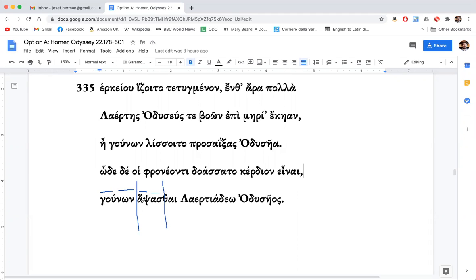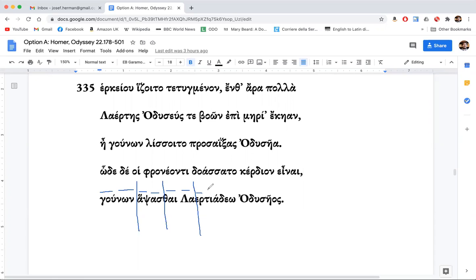This one has to be long because the psi counts as a double consonant. This one also has to be long because the A is followed by a double consonant. And this one is also long because it's a diphthong. And the la of laertiadeo is long as well. And this E here is going to be long because, again, you've got a vowel followed by a double consonant.